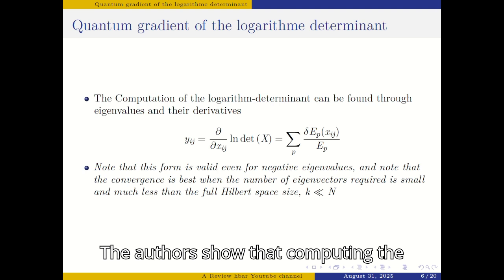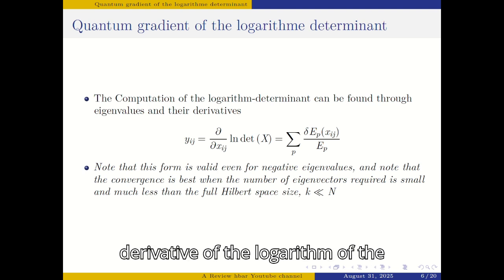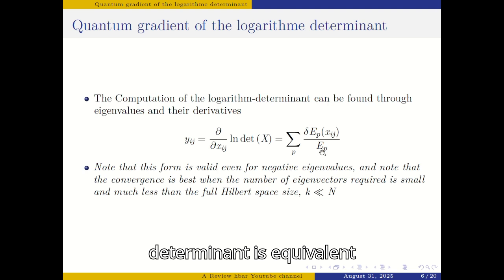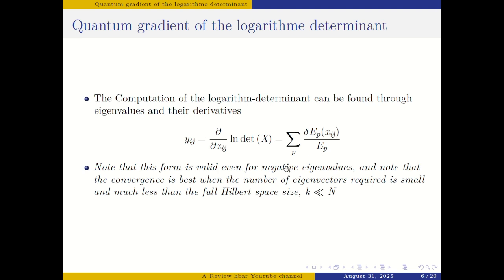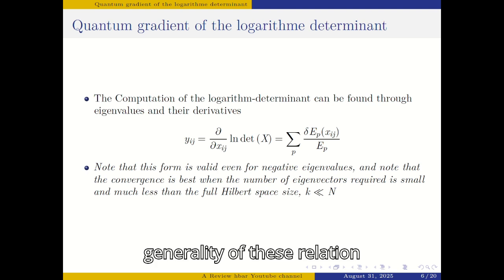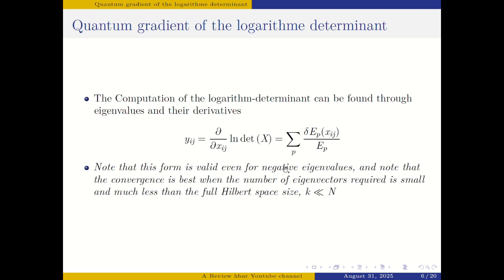The authors show that computing the derivative of the logarithm of the determinant is equivalent to summing the derivative of the eigenvalues divided by those eigenvalues. And they emphasize the generality of this relation even when the eigenvalues are negative.